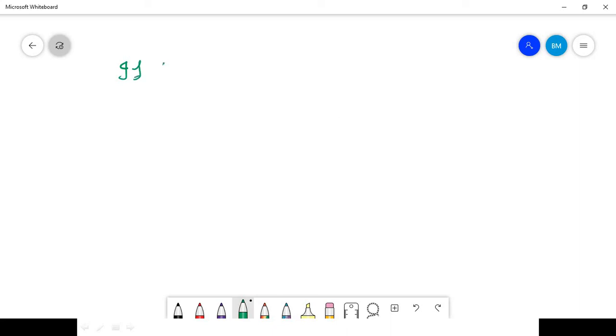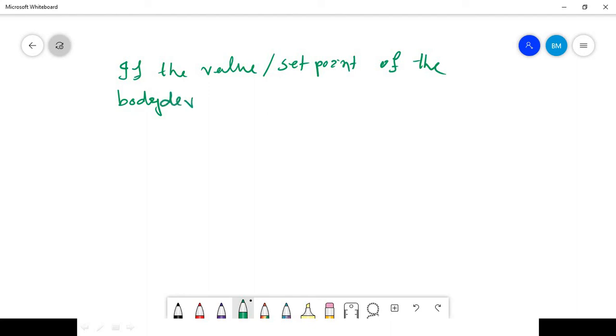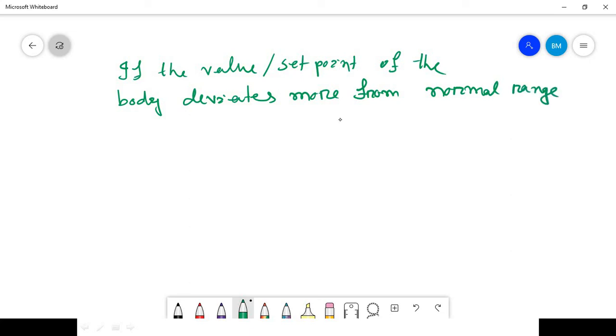If the value or set point of the body deviates more from the normal range, then the control center activates an effector.